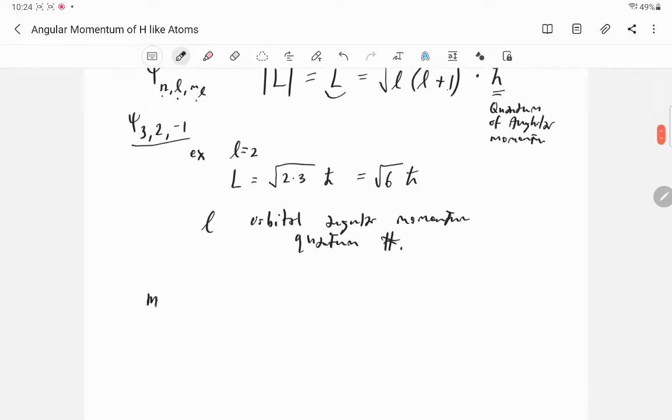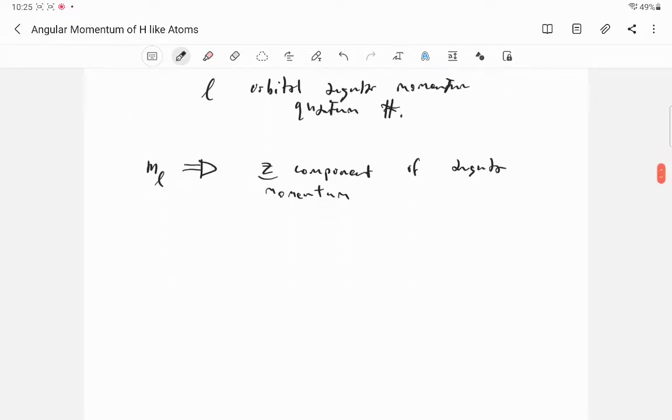So m sub l is interesting. M sub l is actually related to the z component of angular momentum. And if you immediately say, why is it only the z? What happened to x and y? And why is z special, right?